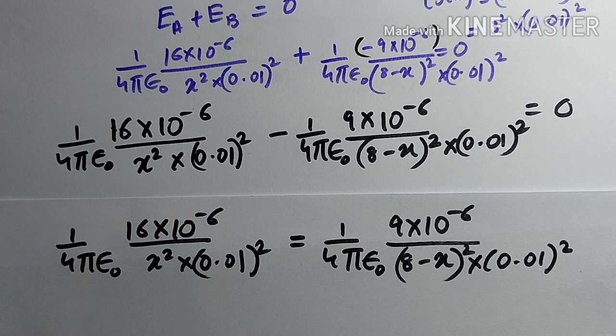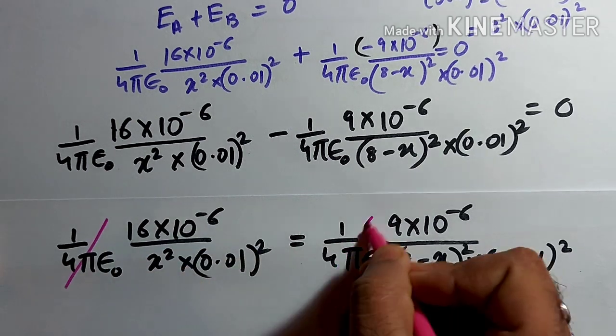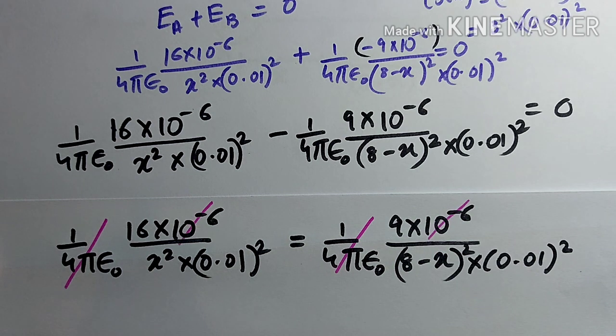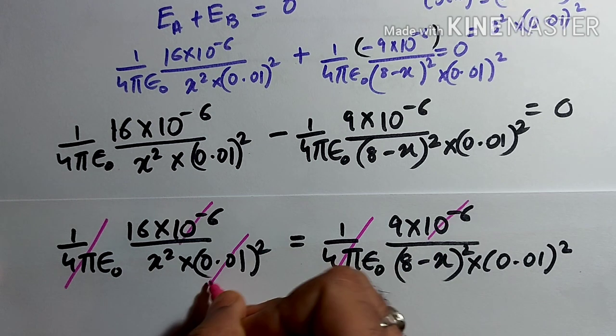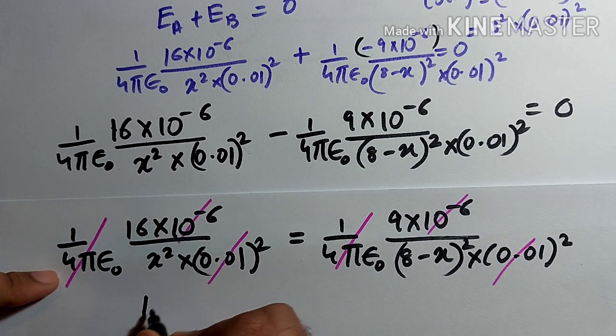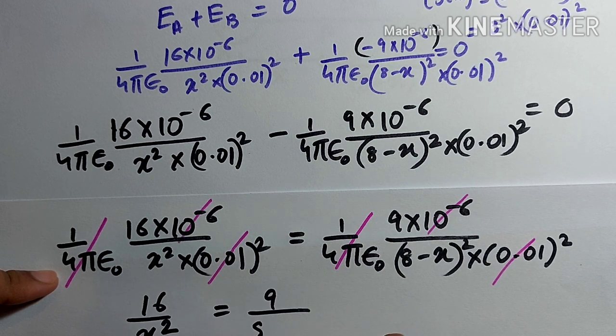Now you are clever enough to solve the value of x. See, we can cancel these two factors. Similarly, this also cancels, and this part, and we are left with just a few numbers, that is 16 by x square equal to 9 by 8 minus x whole square.